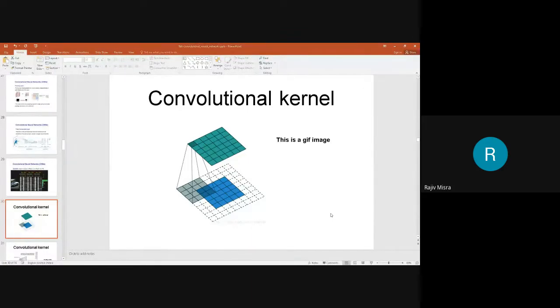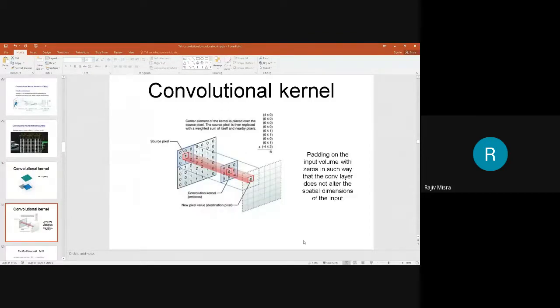It will perform this convolution operation, and then it will shift and keep on sliding over the entire image. Using these kernels, it will try to extract parts of the image called features, and this will be stored in the table called the feature map that we have already discussed.